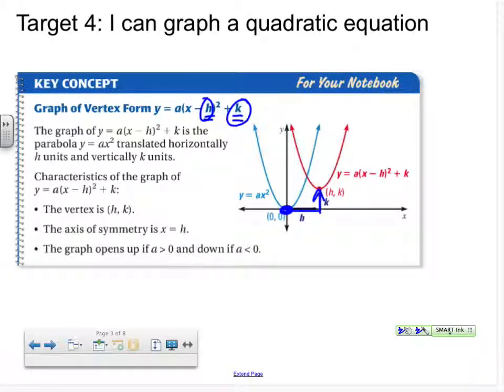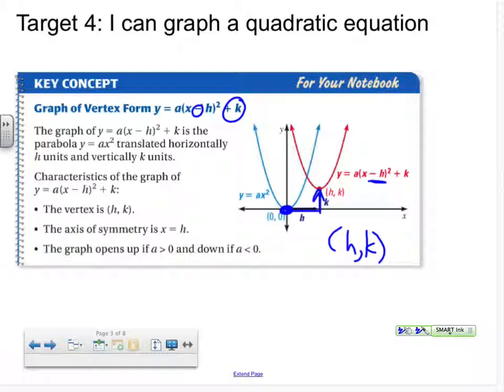So really what HK is showing us is the new location of the vertex. And one thing to keep in mind here is it's subtraction in the formula. So if it's a negative value, it's going to be a positive shift to the right. That's for H. And then for K, it's already positive, so you're going to do what you see for K. You go up or you go down.